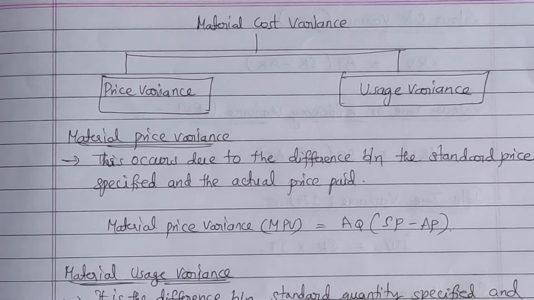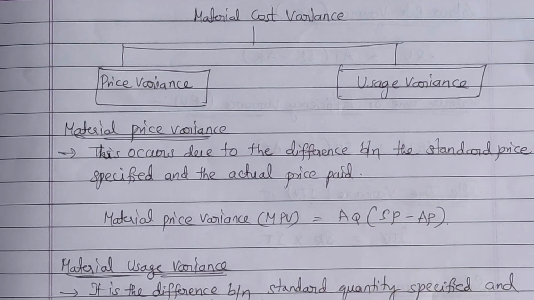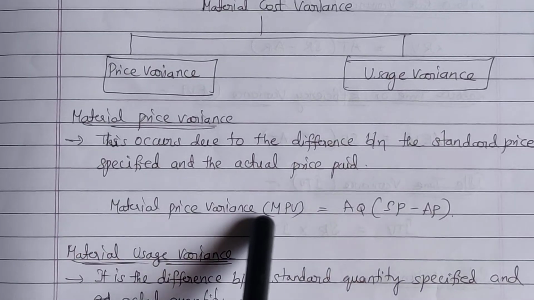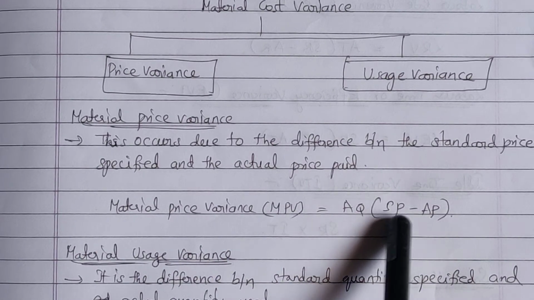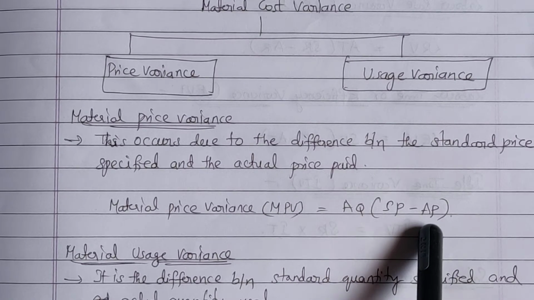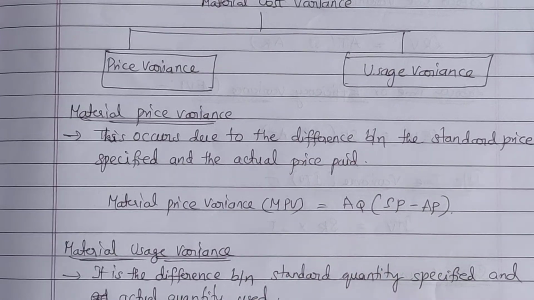This occurs due to the difference between the standard price specified and the actual price paid. We have a formula also: for the actual quantity, how much we expected, the standard price, and how much we have paid, that is the actual price. In this way we can find out the material price variance.